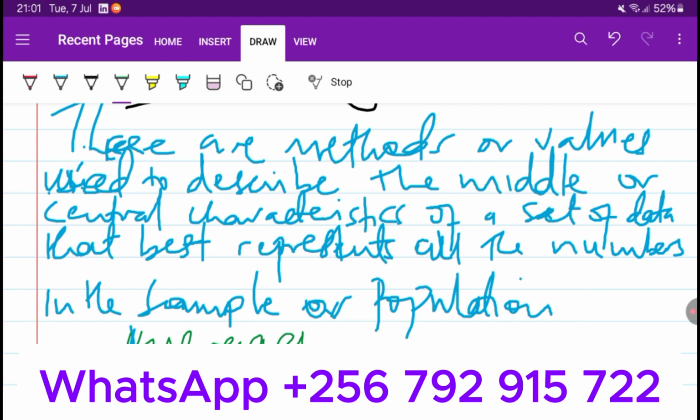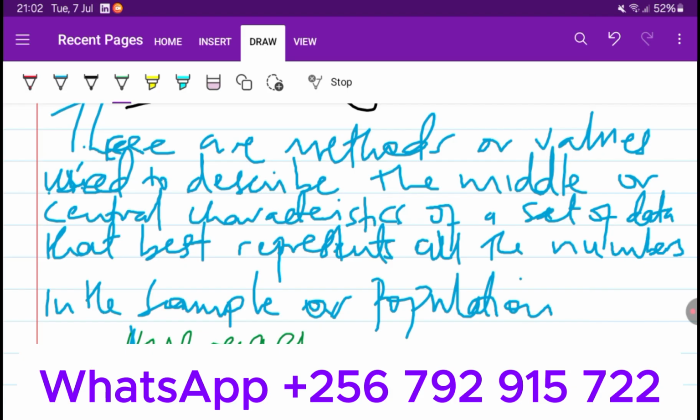So the main objective of the measure of central tendency is, of course, to condense data into a single value and to facilitate comparisons between data.